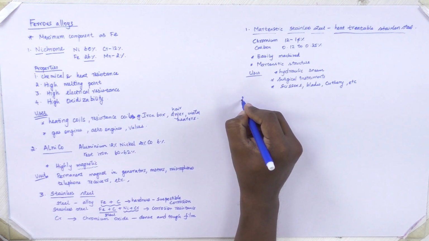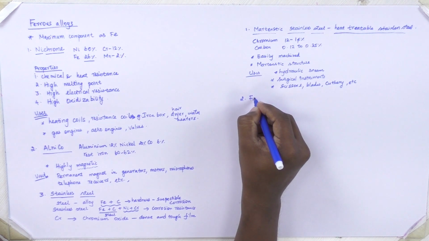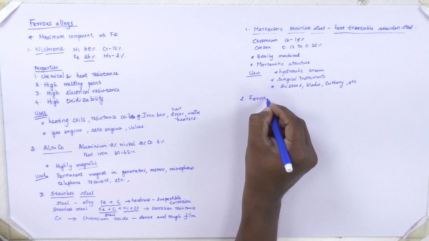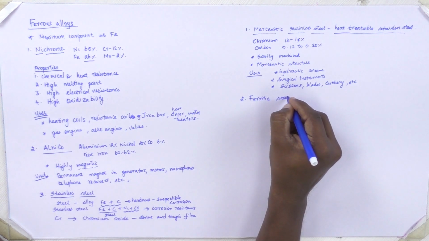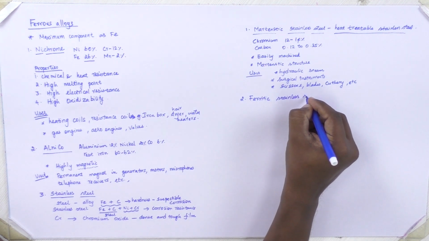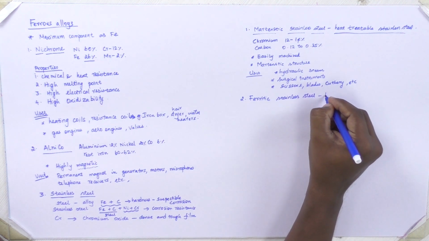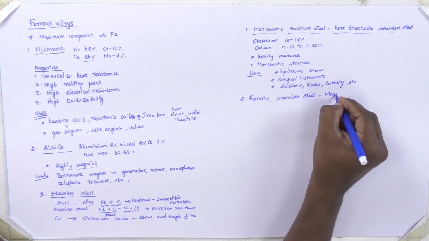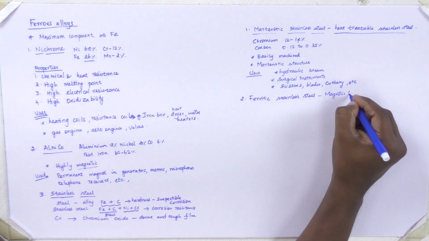The second type of stainless steel we are going to discuss is ferritic. Ferritic is a kind of stainless steel and it is also called magnetic type steel.